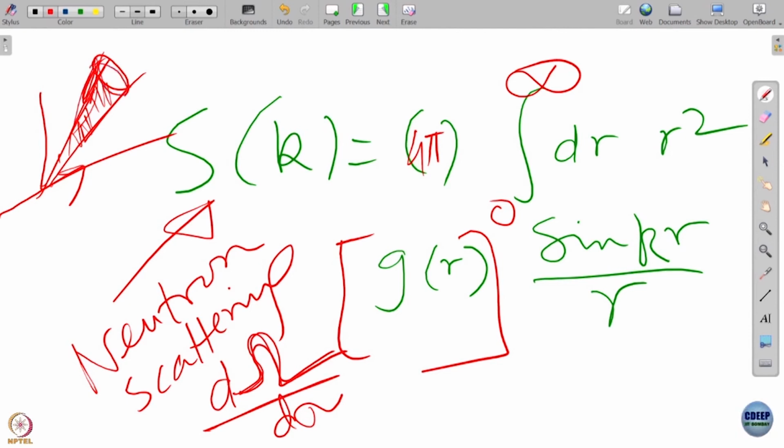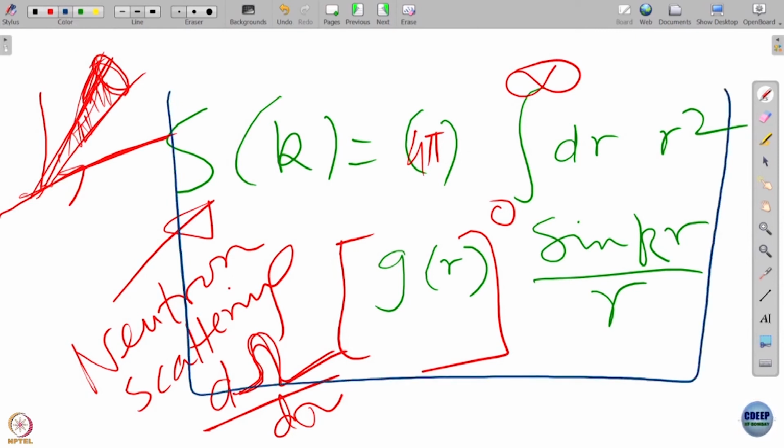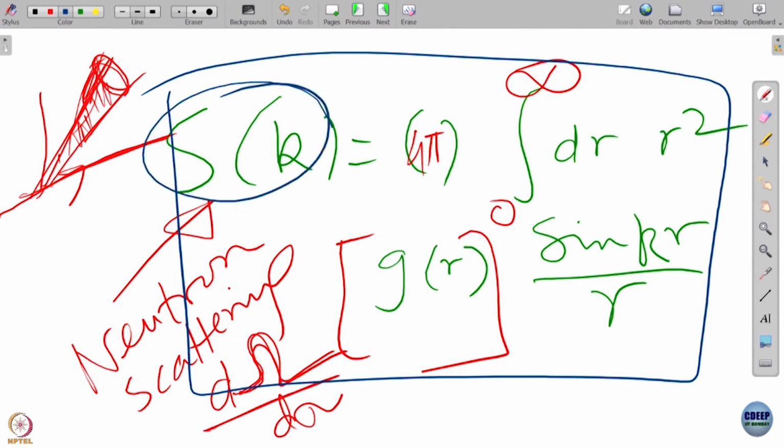This k is the difference of momentum between incoming and outgoing, and that is because of the positions, the length scale, and I will show the derivation. But as I told you, this equation is a golden equation. The static structure factor S(k) from neutron scattering gives you the radial distribution function directly. To an extent, that is the most important take-home message of today's lecture.